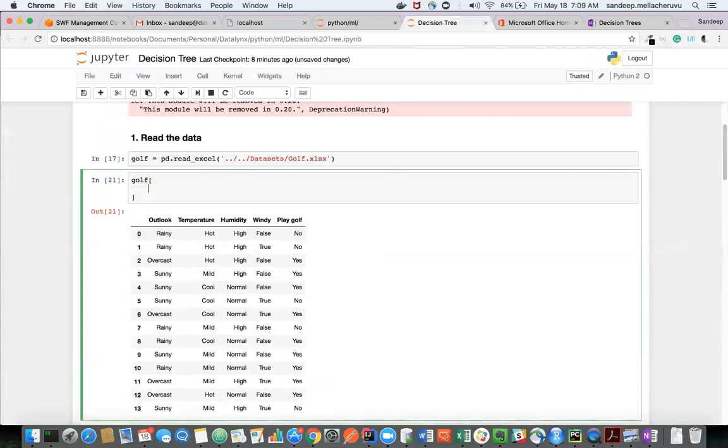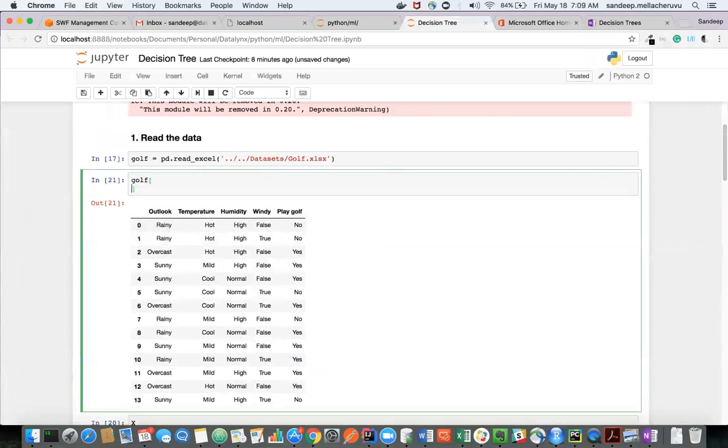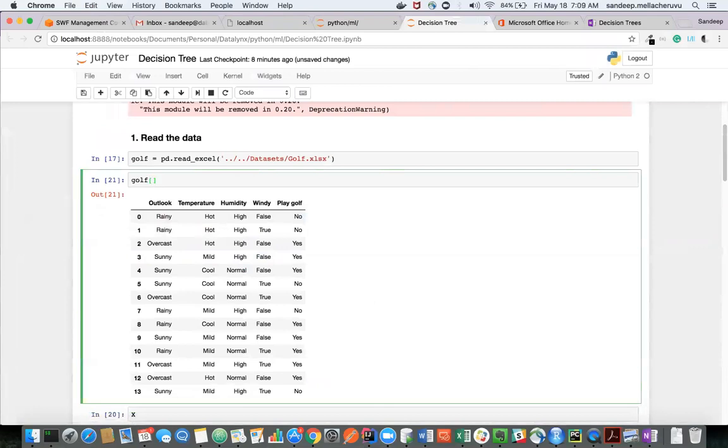Now, if I split on outlook equal to overcast, what happens? To do that, I am using Python itself, because that is the easiest way to find out the counts. Even the first count, the 5, 9, I can easily get using golf of play golf, and on play golf I have to call value_counts.